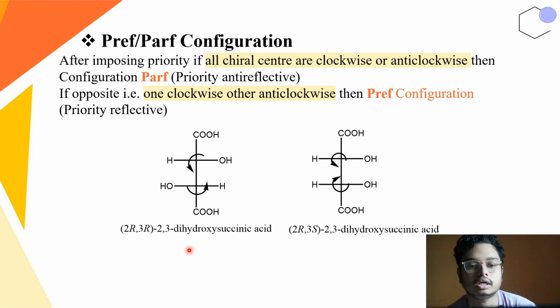That means it is called Parf, that is, priority anti-reflective. But if one is anti-clockwise and one is clockwise, then it is called Pref, priority reflective. Here you can see that the rotation of this particular chiral center is anti-clockwise, whereas this particular center is rotated clockwise. So that means it is called a Pref configuration, that is, priority reflective.